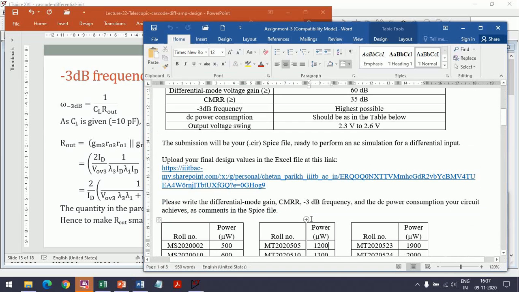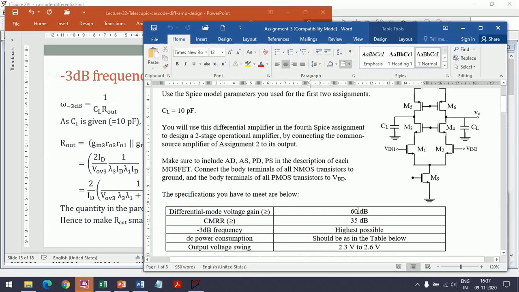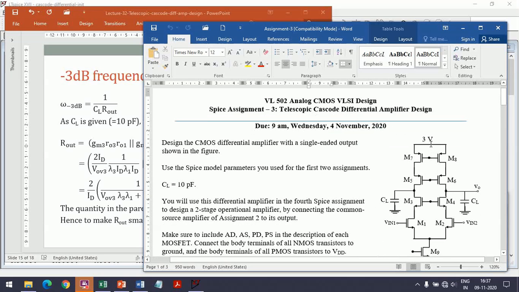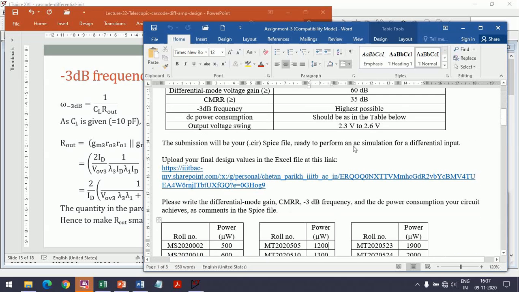Let me take a nice number. Let's say 1200 microwatts is the power given to you. Then 1200 microwatts is equal to 3 volts times the current supplied by the 3 volts. So that current is 400 microamps. So each branch can be carrying 200 microamps, no higher, according to this power specification.